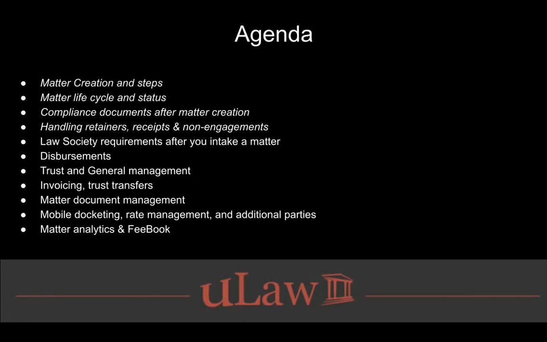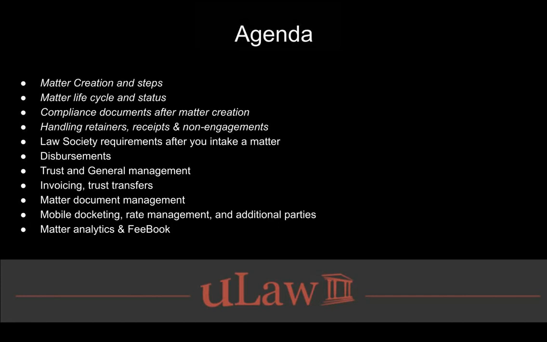So we're going to look into all of that, which even includes generating a few documents if it is a matter that is ongoing for more than a quarter. There are some quarterly statements and some annual statements that need to be provided to your client if it is an ongoing file, especially for more than a quarter.